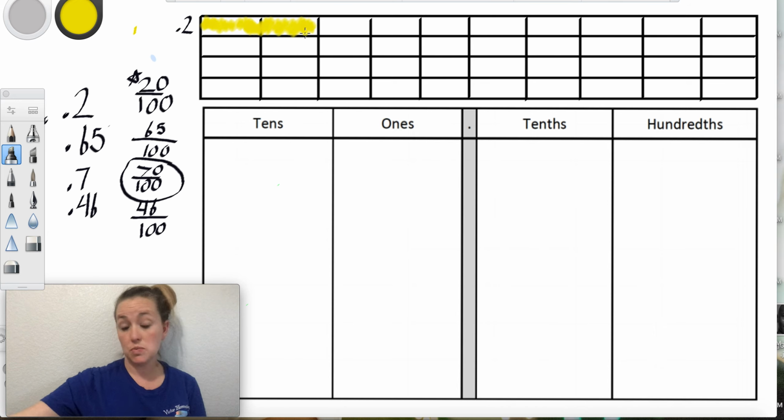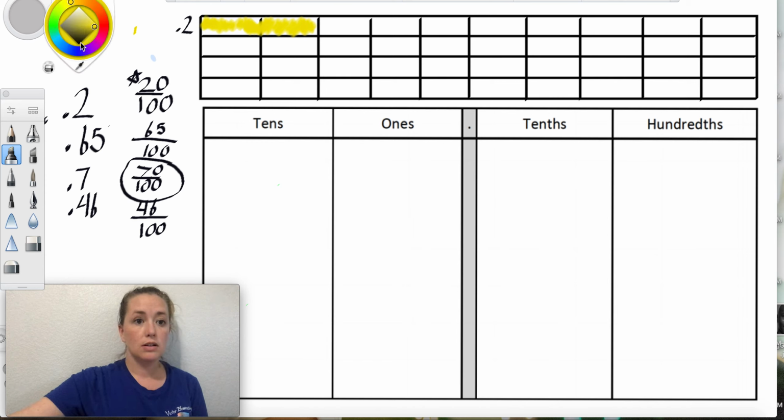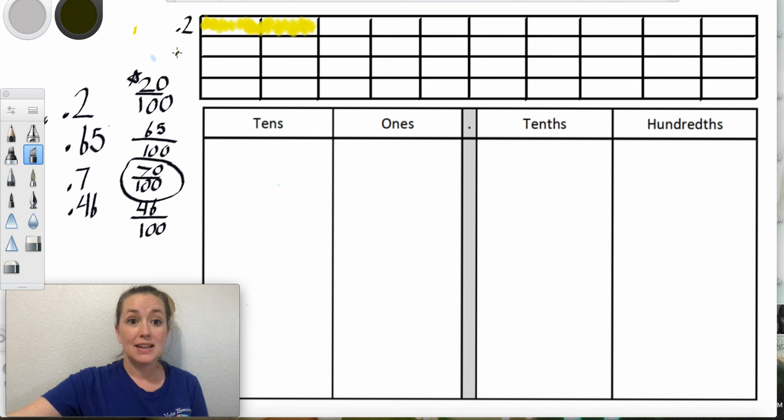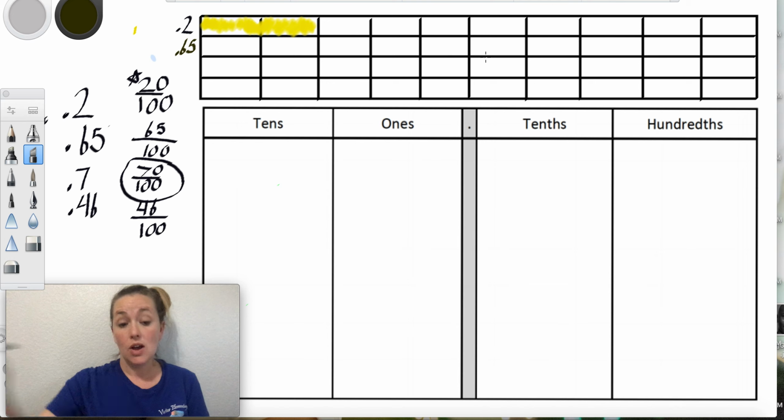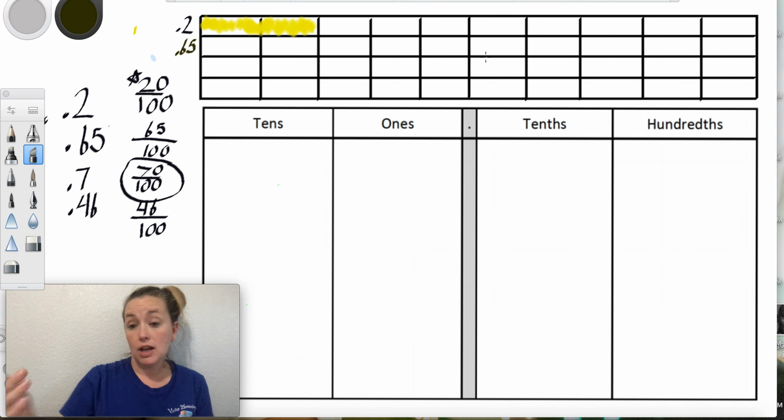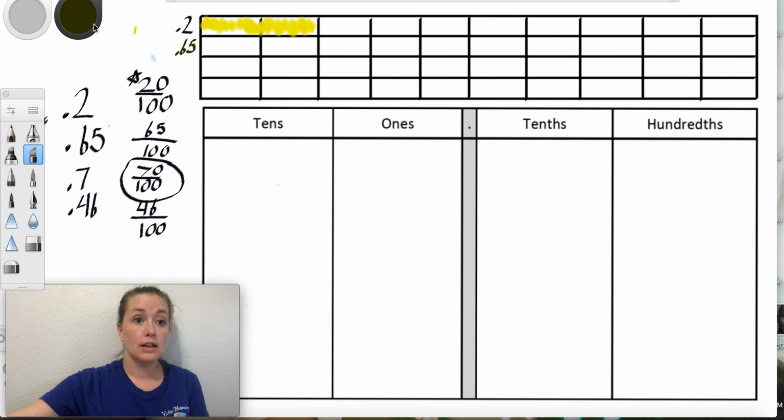Okay, so we know how much that is. Great. Now, let's change our marker. Let's do 65 hundredths. Okay, so here it's a little bit harder because these are broken into tenths. So my first step is I could color in how many tenths I need.